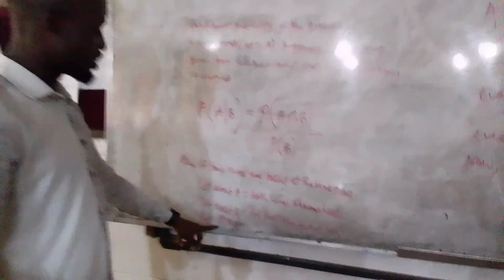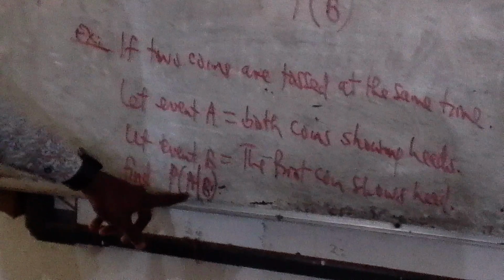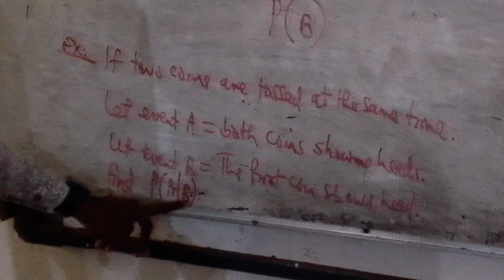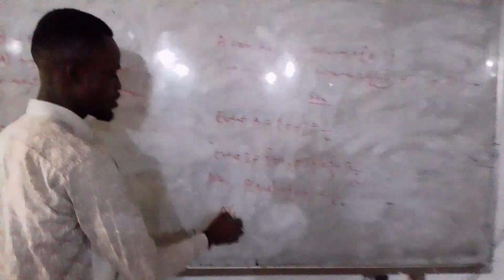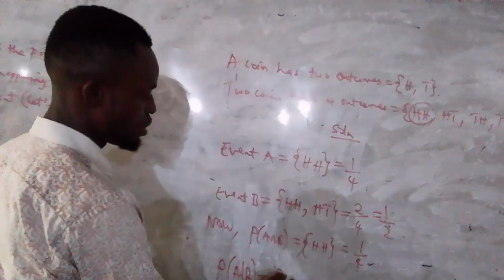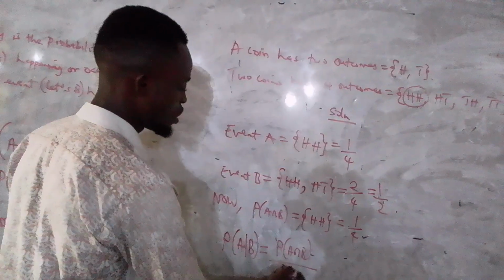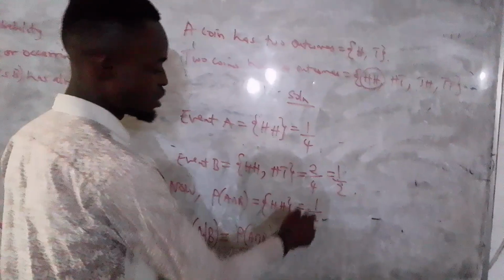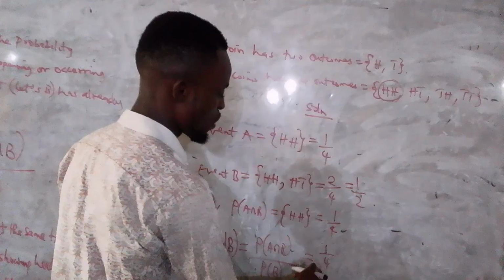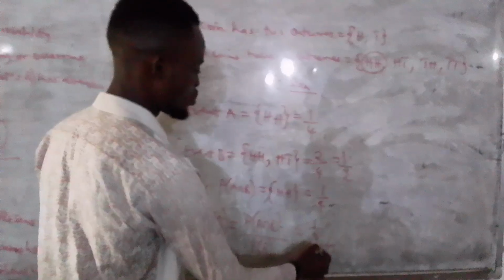Then let's solve the problem now. What's the probability of A occurring, given that B has already occurred? We now apply the formula. Probability of A given B is equal to probability of A intersection B all over probability of B. Probability of A intersection B is 1/4, over probability of B, which is 1/2.